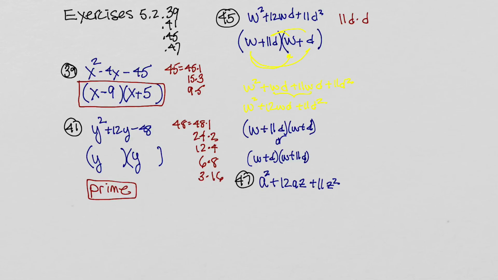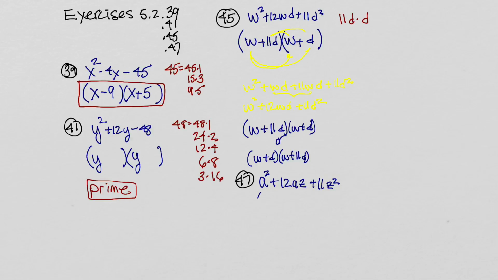Okay, in number 47, we're going to factor this trinomial. Now look at this one here and compare it to this one up here. The only difference is that instead of w's, we've got a's. Instead of d's, we've got z's. This is going to factor probably the same way. So let's write this.